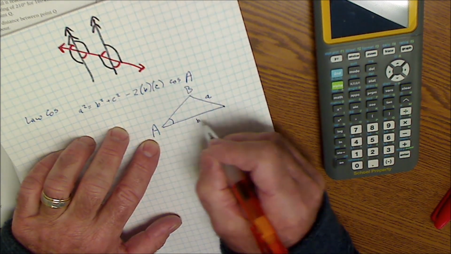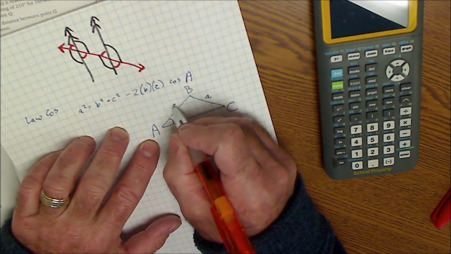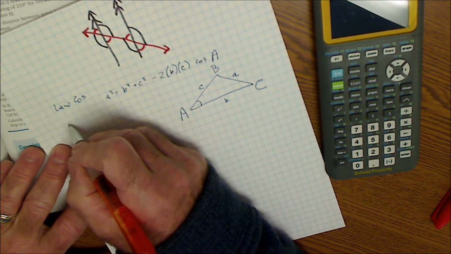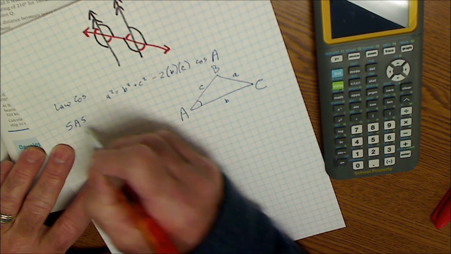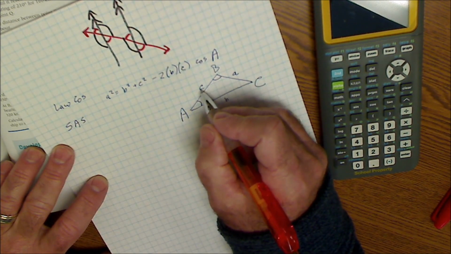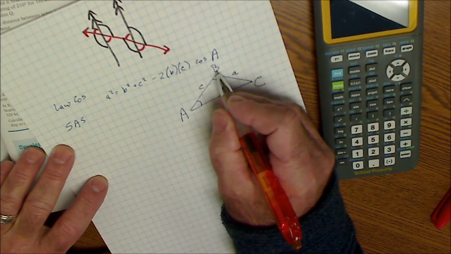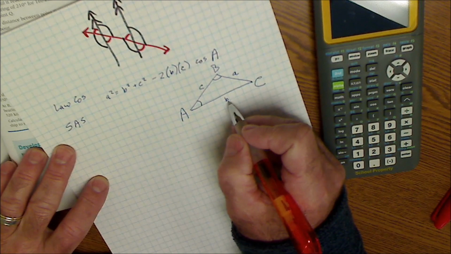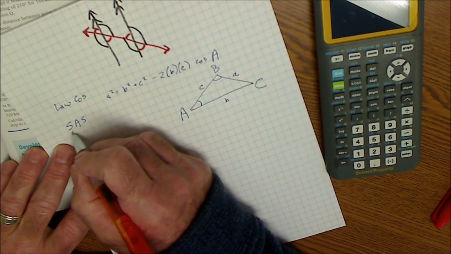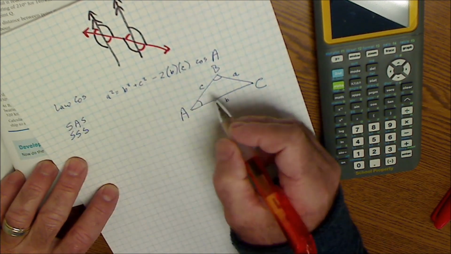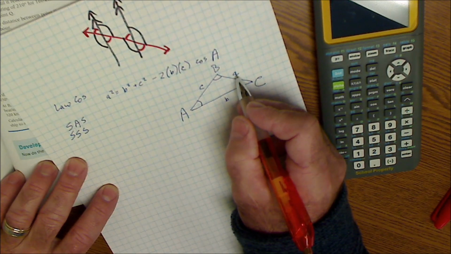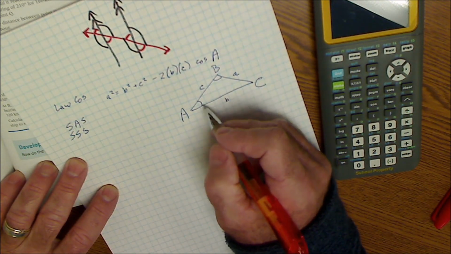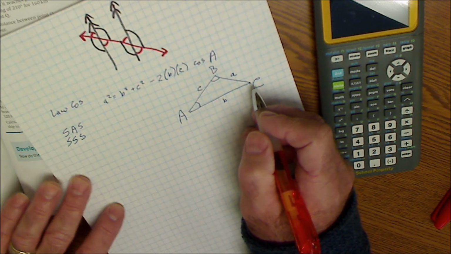Angle B, this would be side B, angle C, side C. You could use the law of cosines if I have a side, an angle, and a side. So if I had C, A, and angle B, I could use that to find side B, or I could use it for side, side, side. If I have side A, side B, and side C, I could find angle B or angle A, angle C.